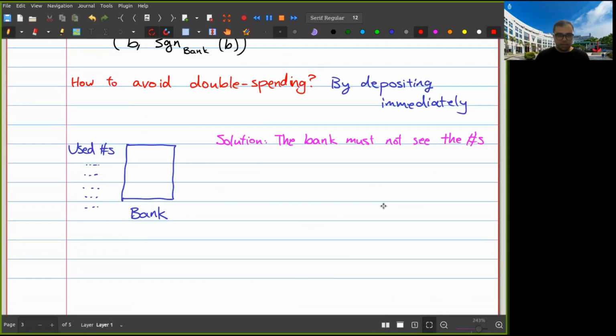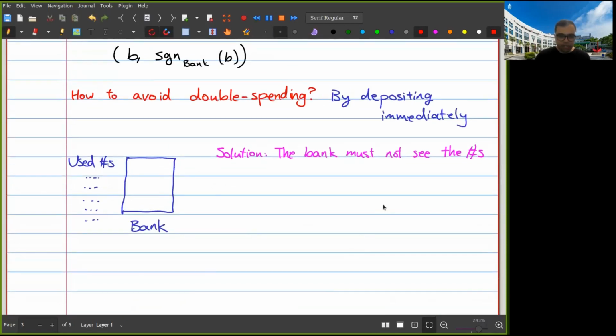Yeah, so this is our very weird situation. So again, remember, Alice creates B, its hash, and also some random number. And then Alice actually sends H prime, which is H times R to the power of E, to the bank.